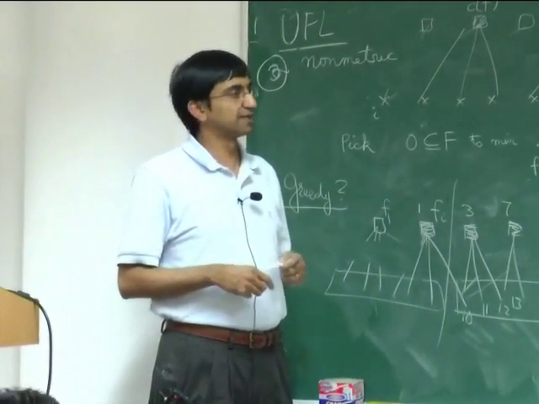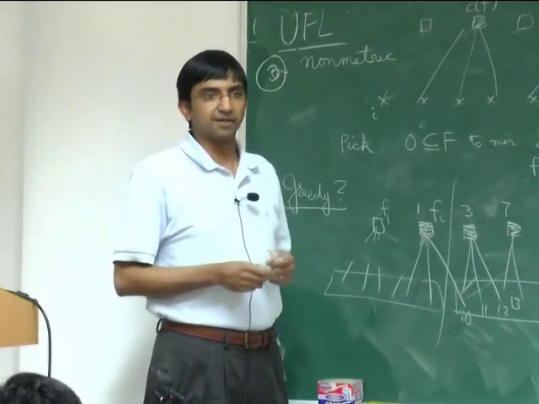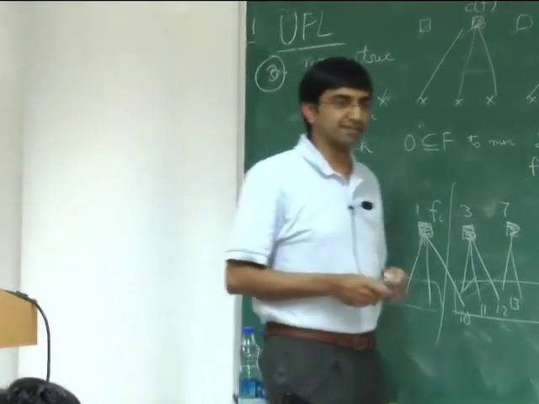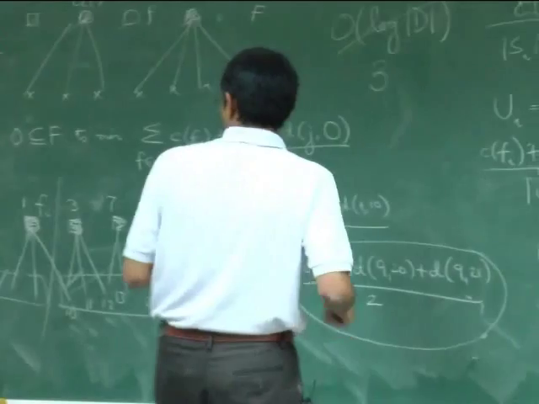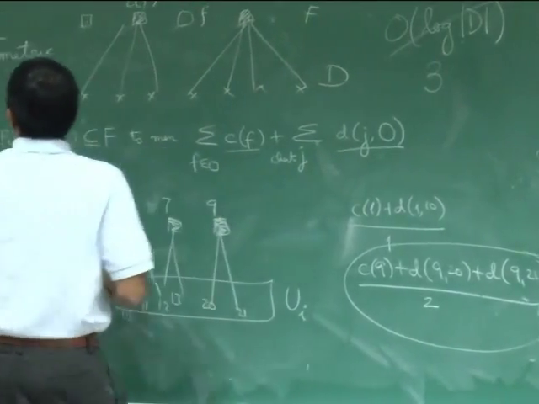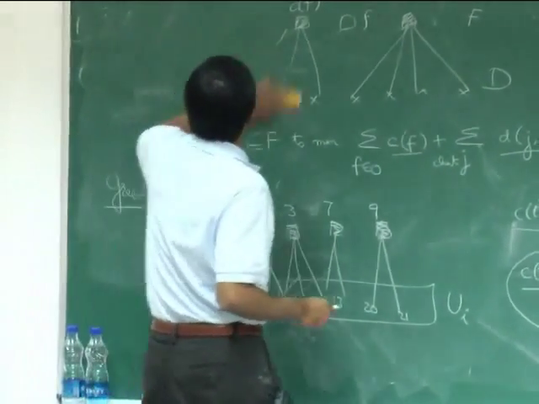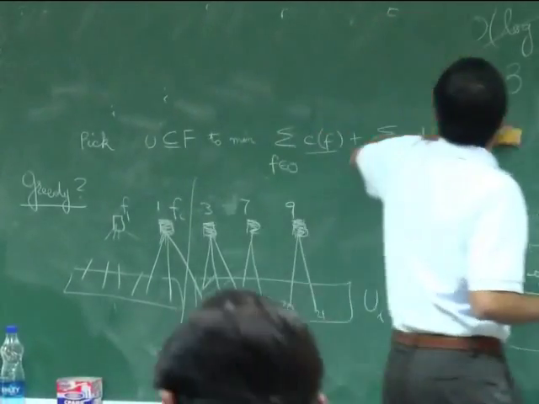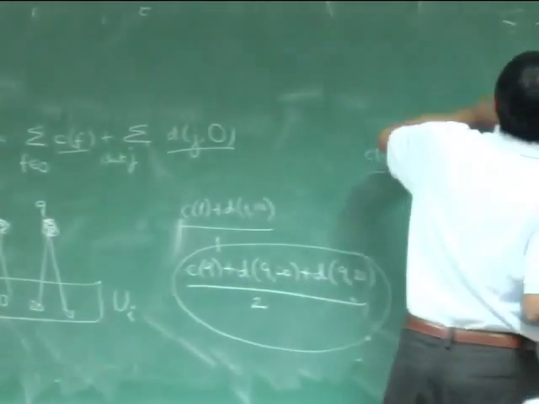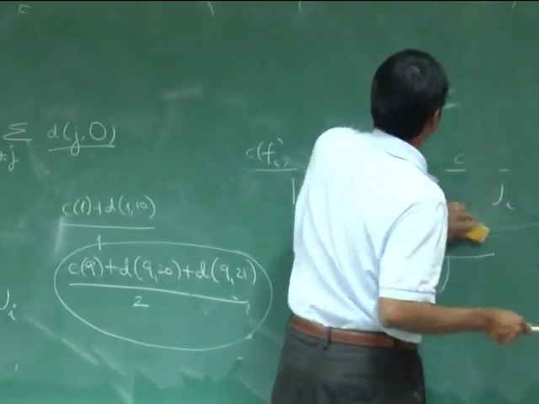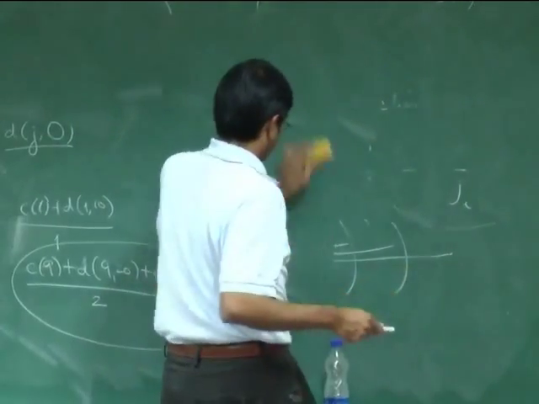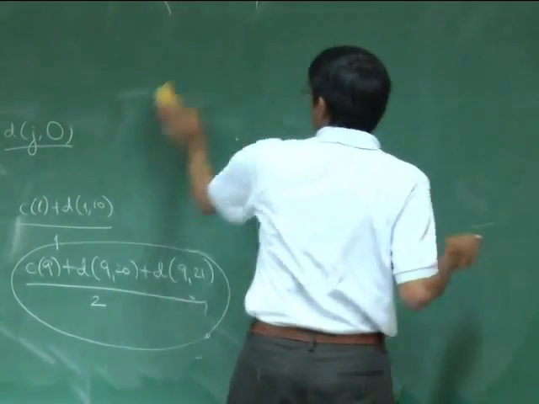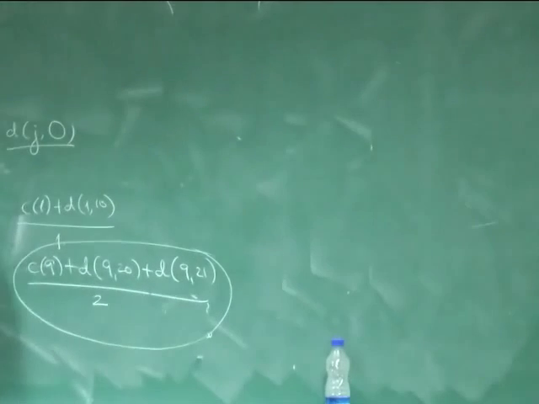Okay, so let's do the second problem. It's also equally tricky, maybe more. The second problem is generalized Steiner forest. And you have to tell me what UI is. That's the main point.